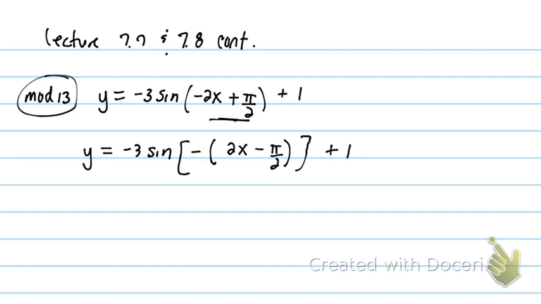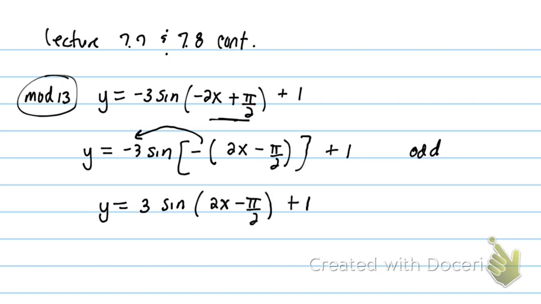Sine is not an even function, it's an odd function. So what you do for sine is you take the negative and move it to the front, and then you drop it in the argument. So you wind up getting 3 sine of (2x minus pi over 2) and then +1.